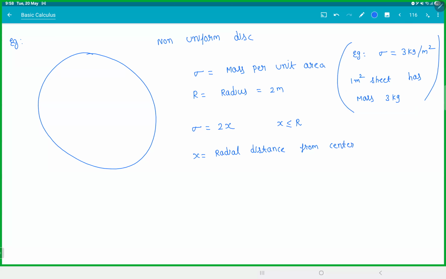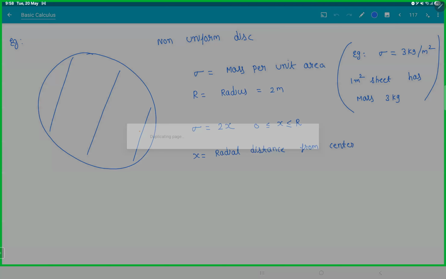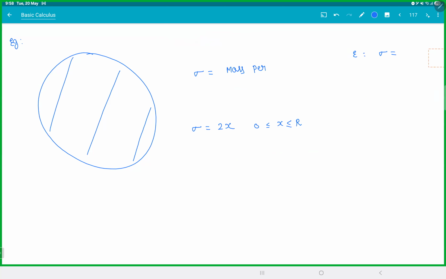Let me show you this data in the next page. Let's try to understand this whole thing. R is the radius. What is sigma? We'll talk about it. So sigma is 2 into x for x from 0 to R. Look at the meaning of this.